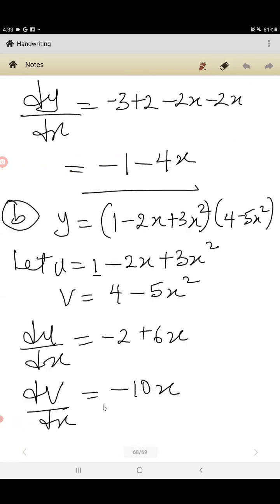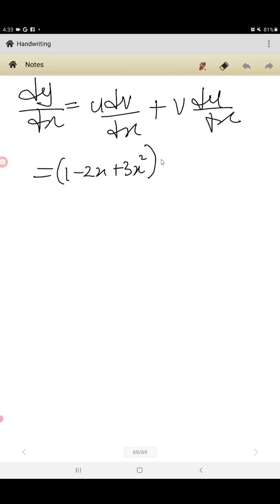So what is dv/dx? It is minus 10x, so we multiply by minus 10x. Let's write it out, because we are at the elementary stage.